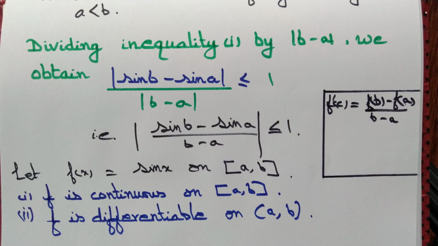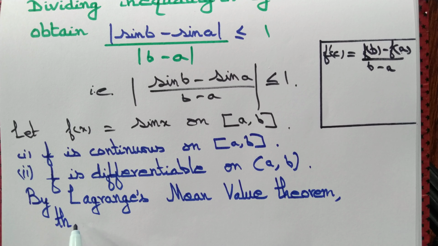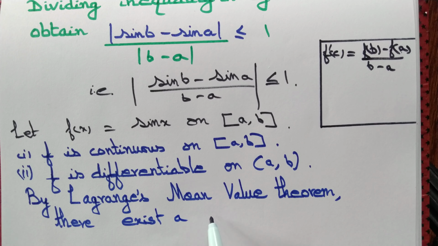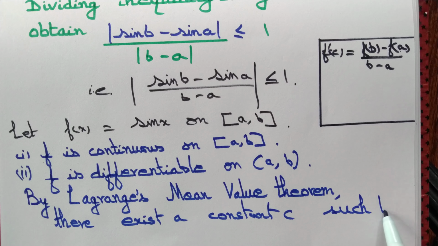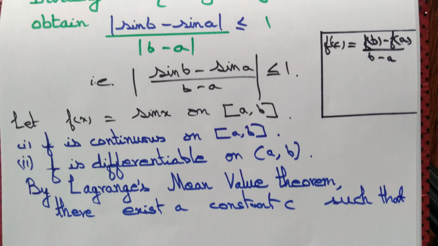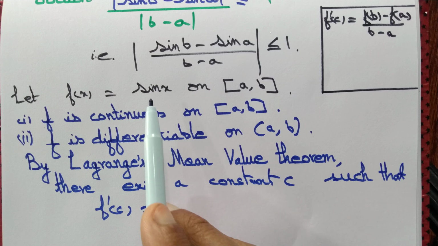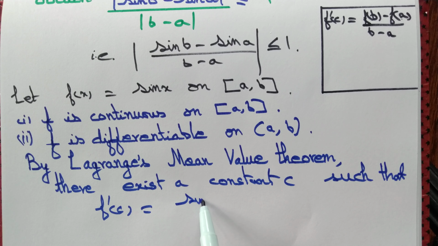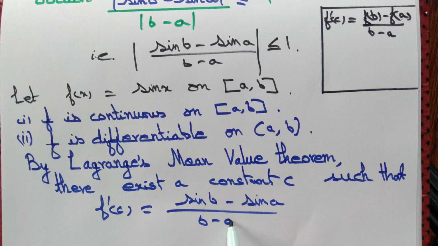So by Lagrange mean value theorem, there exists a constant c such that f dash c equal to f(b), that is sin b, minus f(a), that is sin a, divided by b minus a.